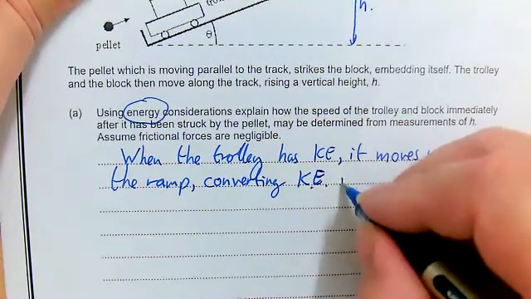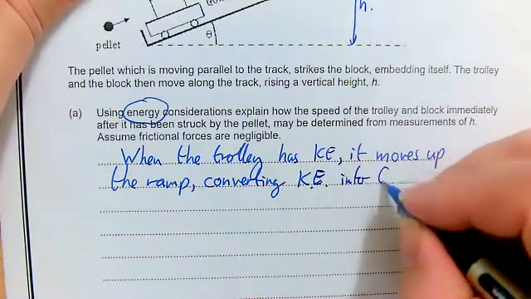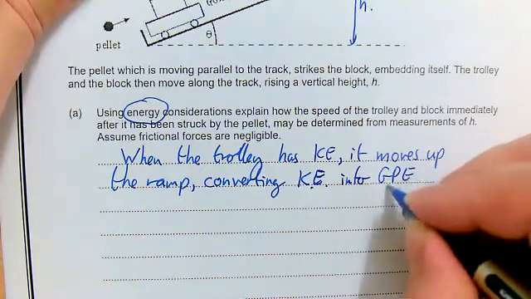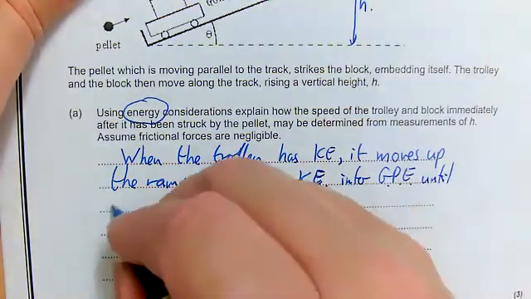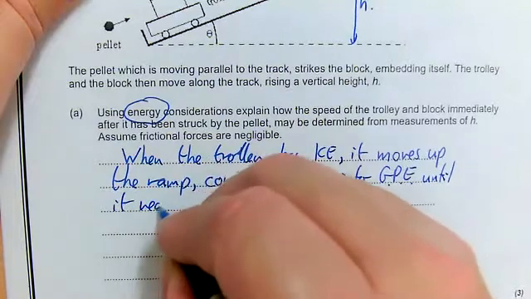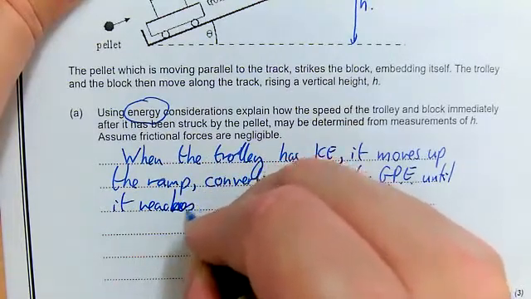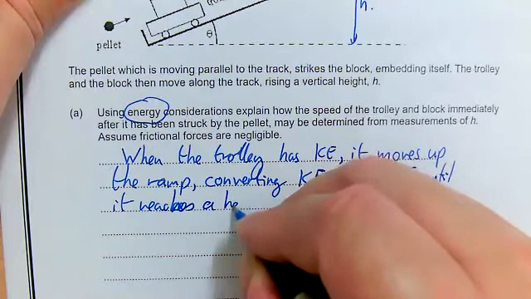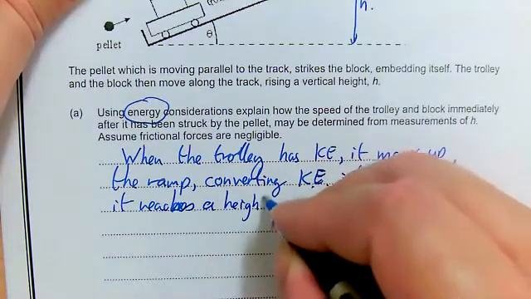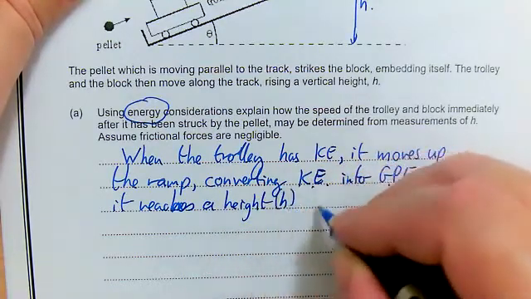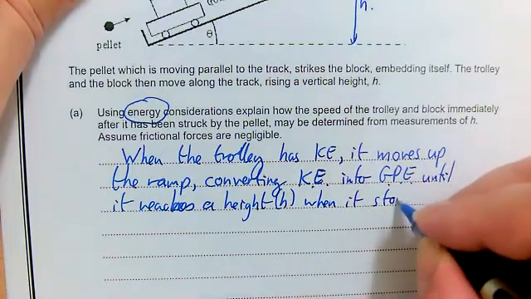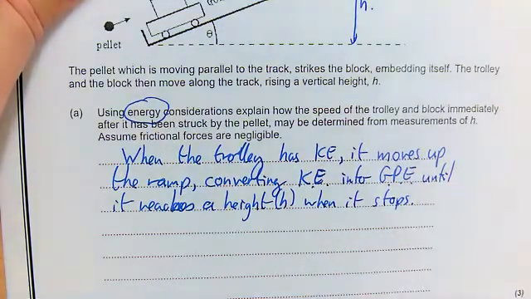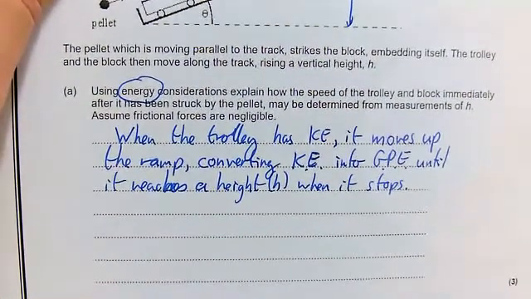You're converting kinetic energy into gravitational potential energy until it reaches a height h when it stops.